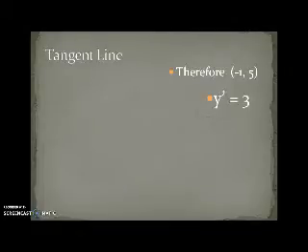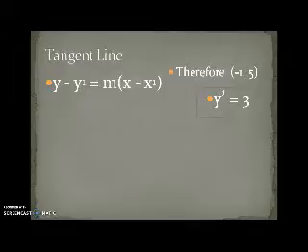Now, in getting the tangent line, we have to remember that we already have the point. We already found it. So the x coordinate is negative 1 and the y coordinate is 5. And the slope is 3.